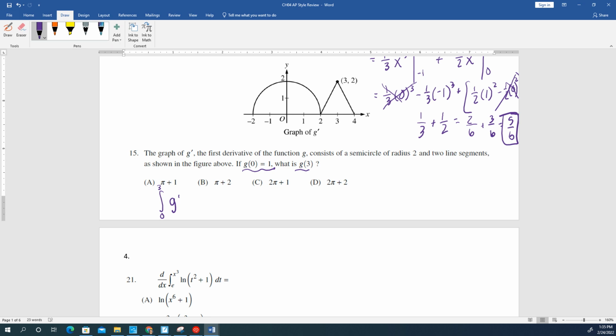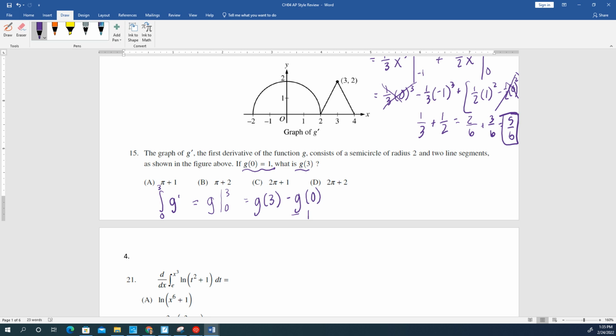The antiderivative of g prime would be g, and plugging in the bounds 3 and 0, it's going to be g of 3 minus g of 0. And we know g of 0 is 1. So we're going to calculate the area under the curve from 0 to 3, and we can solve for what g of 3 would be.